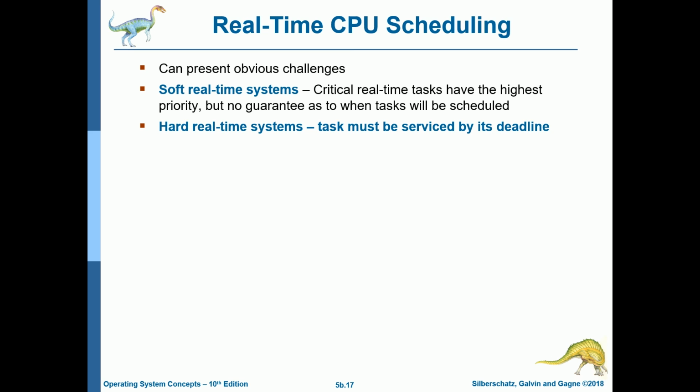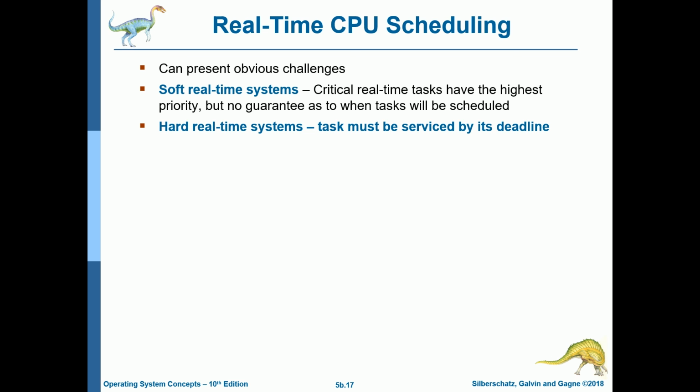Now we have been generally addressing CPU scheduling. However, there are some real-time systems where we have to really consider how the CPU is scheduled. CPU scheduling for a real-time operating system involves very special issues. In general, we can distinguish between soft real-time systems and hard real-time systems.